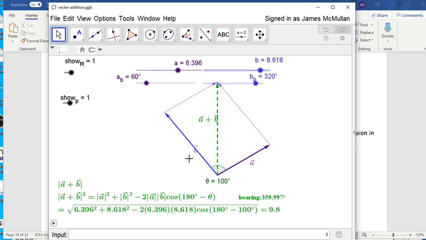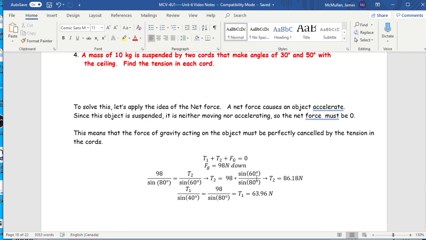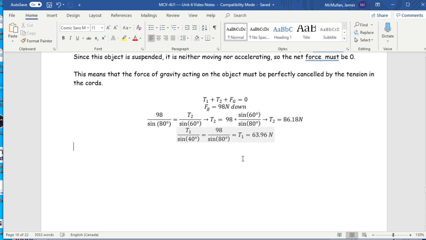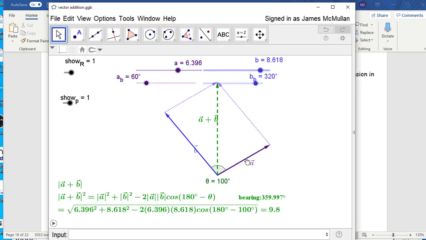So if you add T1 plus T2, you get an answer of 9.8 straight vertical, which is perfect because I want this to cancel the 9.8 that's straight down. So my two tensions cancel each other out left to right: A is pulling right, B is pulling left, and all that's left is that they're both pulling up with 98 newtons.